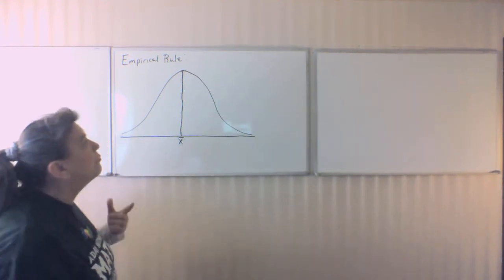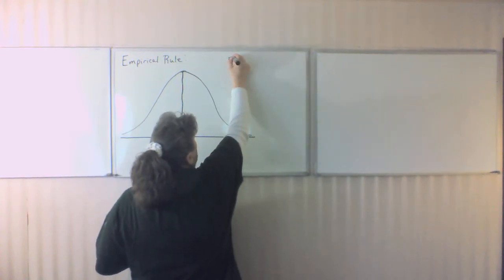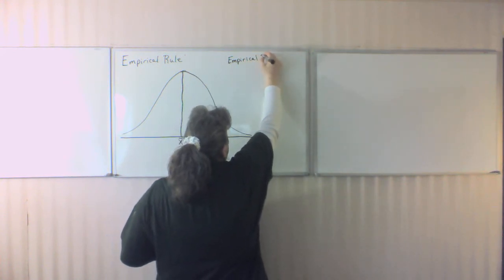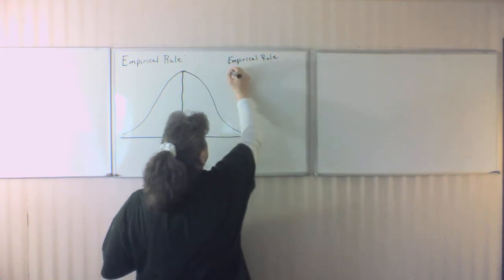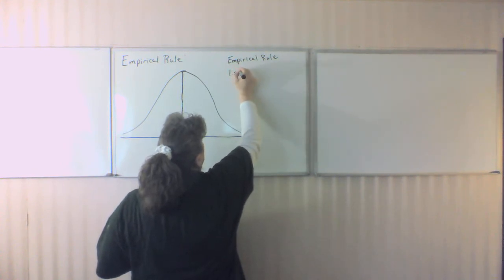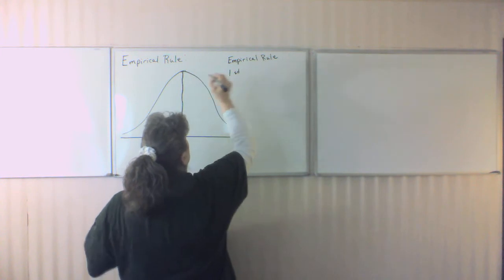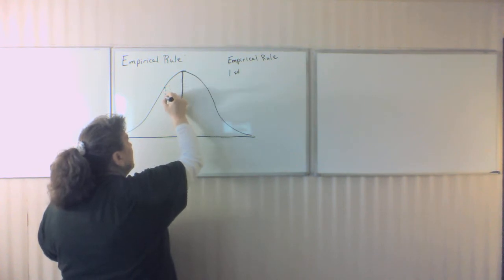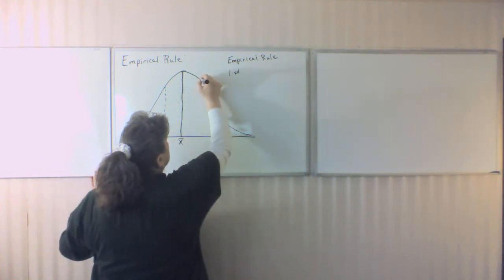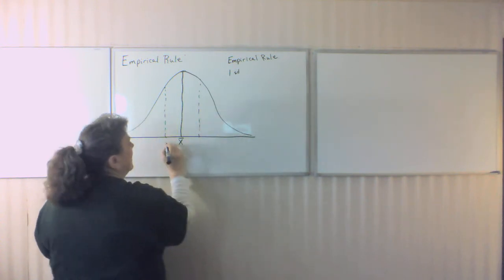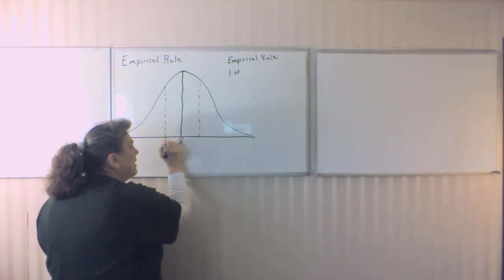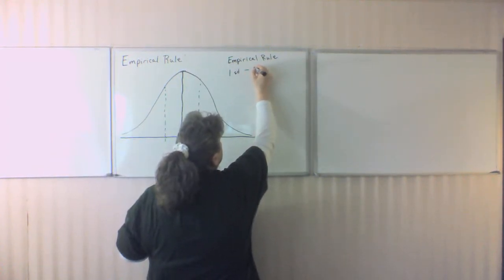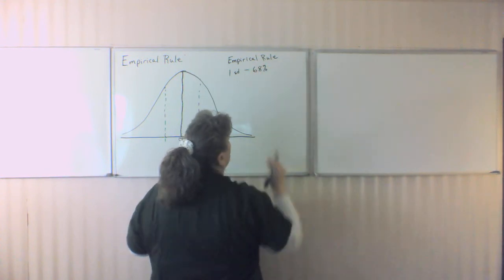And the empirical rule says that one standard deviation, I'm going to put SD for standard deviation, to either side of your normal curve, this area contains 68% of the data. So one standard deviation to either side, this area here contains 68% of the data.